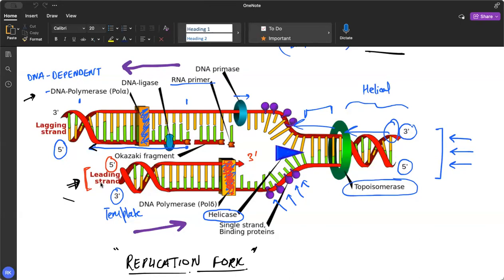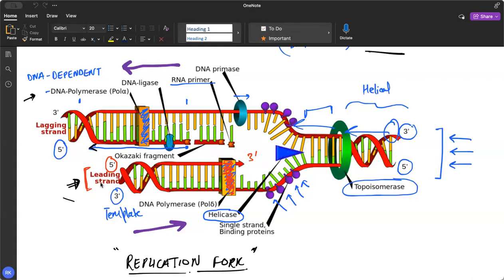Okay. So basically, in the case of a lagging strand, it's called lagging because of the direction in which DNA polymerase works relative to the template strand.